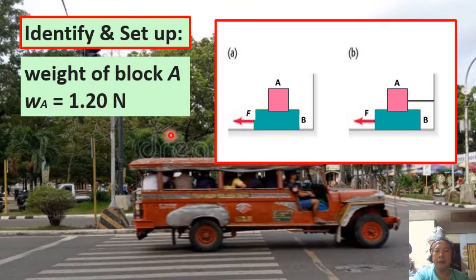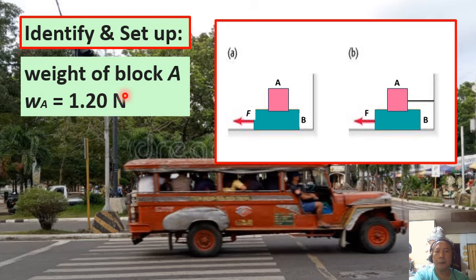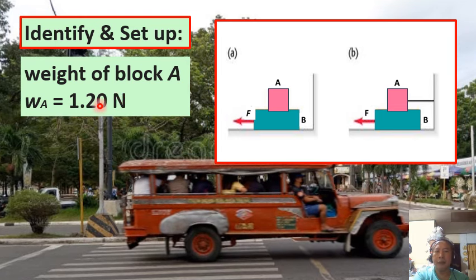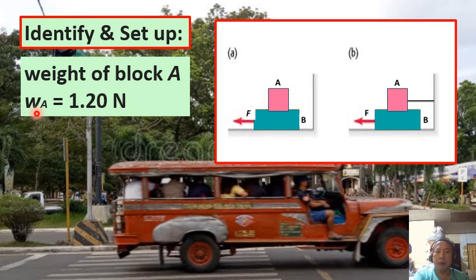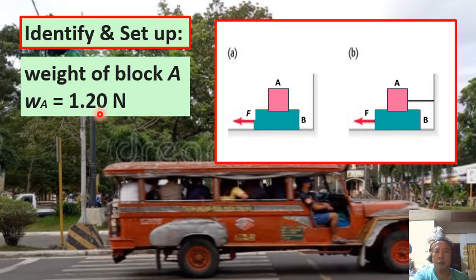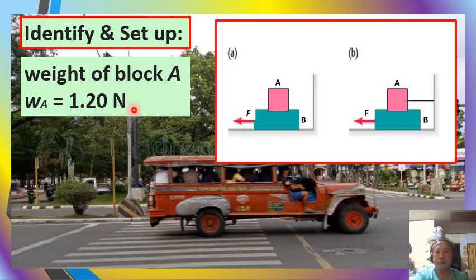Identifying the given data, we have the weight of block A, denoted by W sub A, equal to 1.20 newtons.